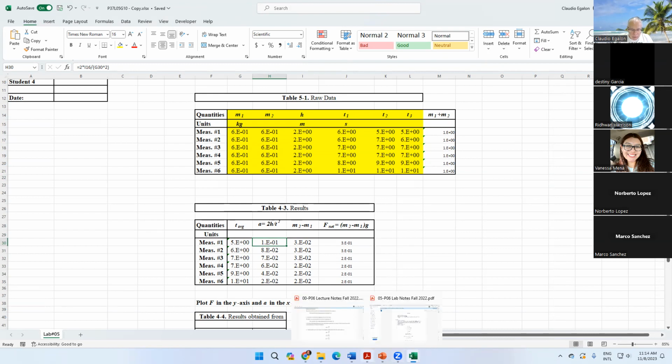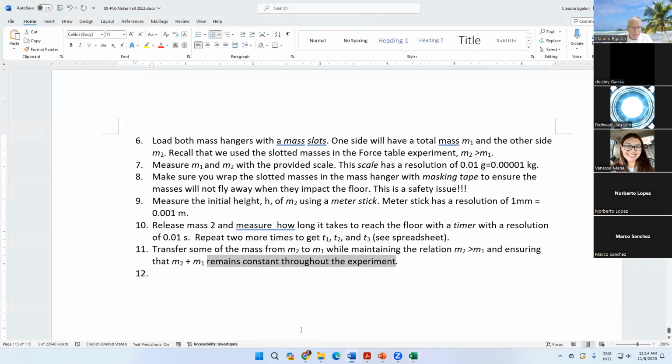Okay, so going back here. Transfer some of the masses while keeping the relation. Repeat this procedure for a total of 6 measurements.